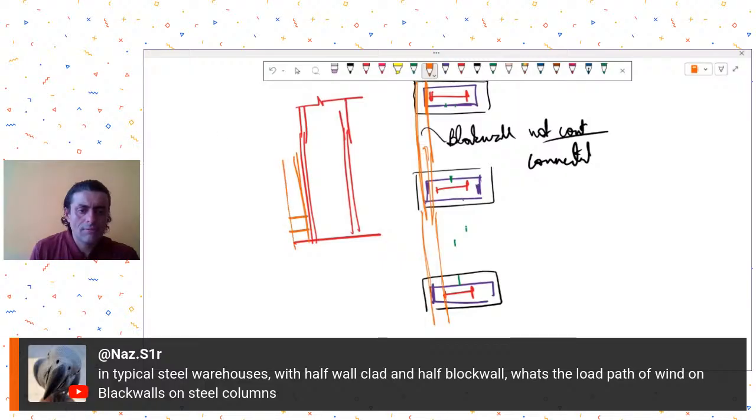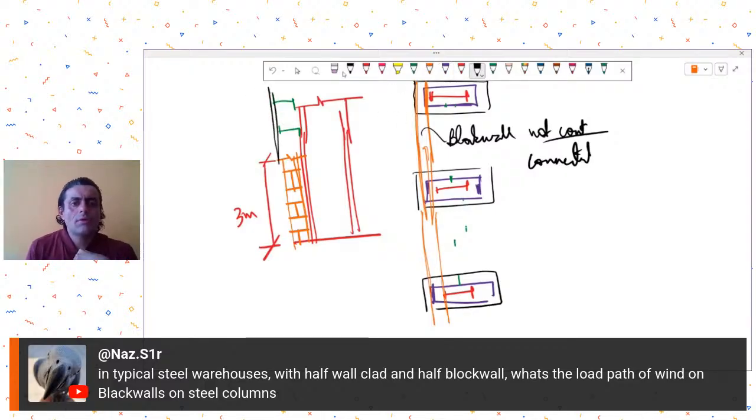So let's say this is my block wall, and maybe up to, let's say, 3 meter height you have taken this block wall, and then beyond this you have put your cladding. So this is your cladding line.